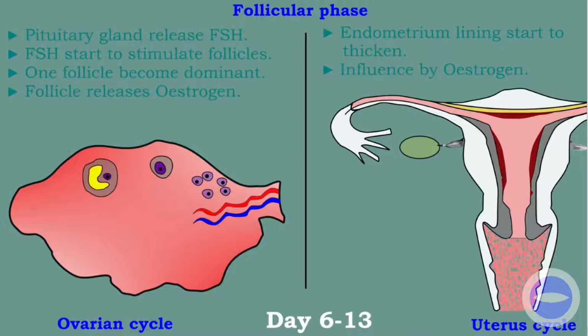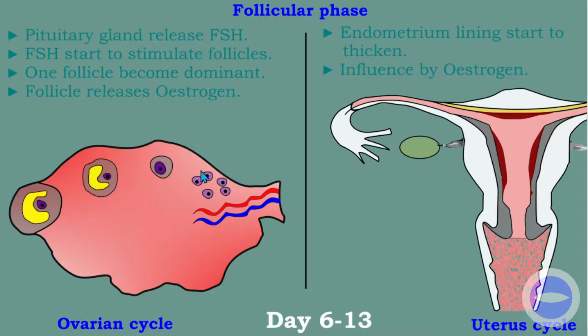And then going further, the thickness is still growing because estrogen is released as the follicles are developing or growing. Now we have a Graafian follicle. This, we call a Graafian follicle.